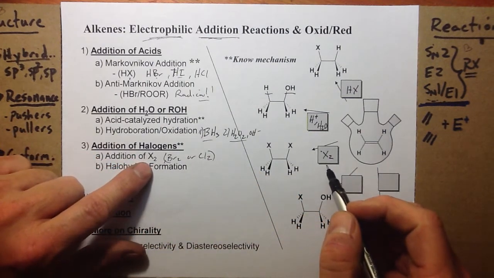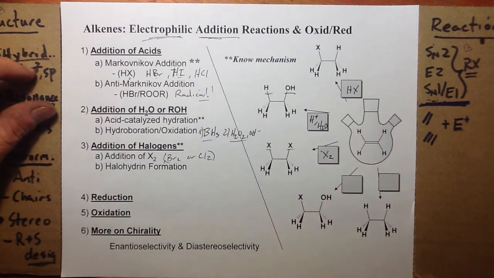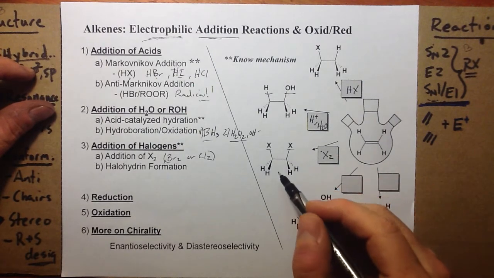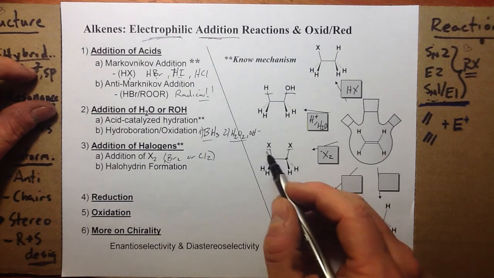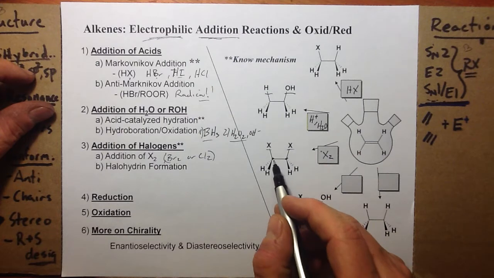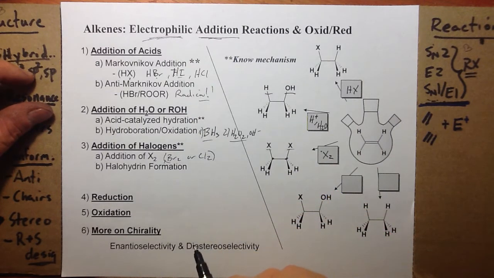It's called dihalide formation, or an addition of Br2 across the double bond to make a dihalide. This is called a vicinal dihalide because the two halogens are not off the same carbon, but off of adjoining carbons. We call that a vicinal dihalide.